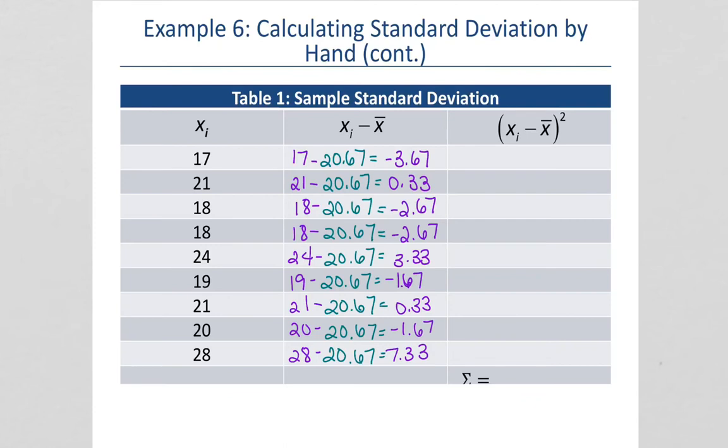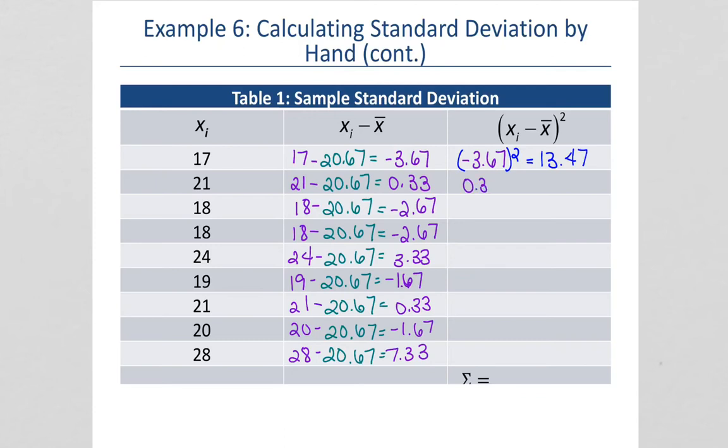Okay. The next step is to take each of these differences here that we just found and square them. So the first one, when we take 3.67 times 3.67, we get 13.47.